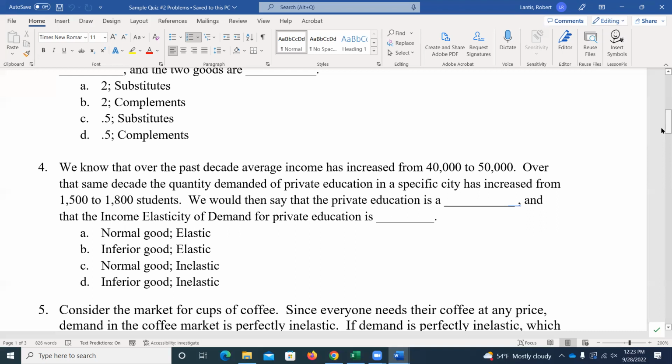Well, they're negative. Or would you round them?